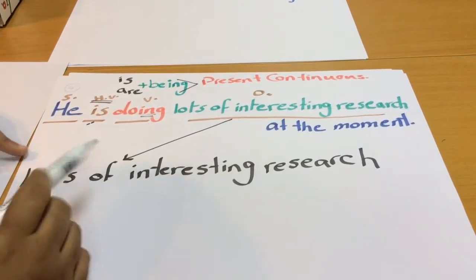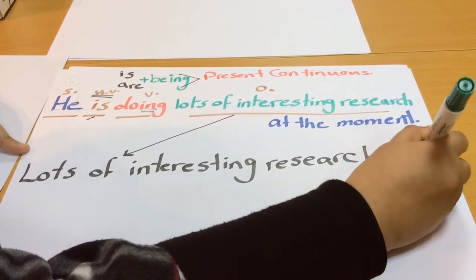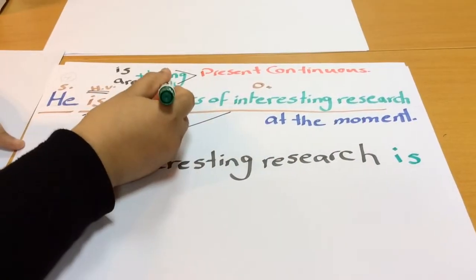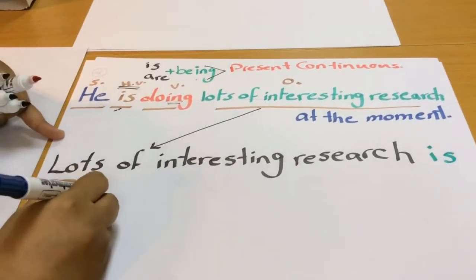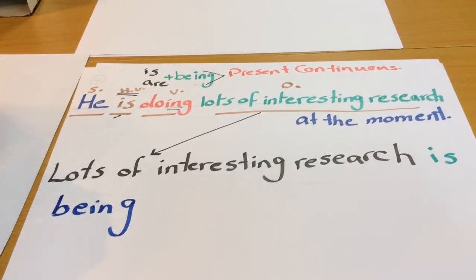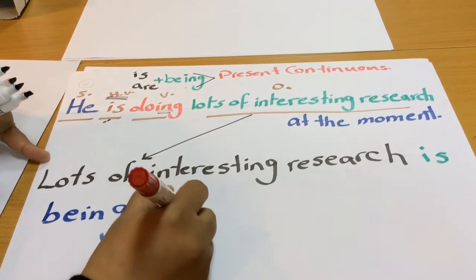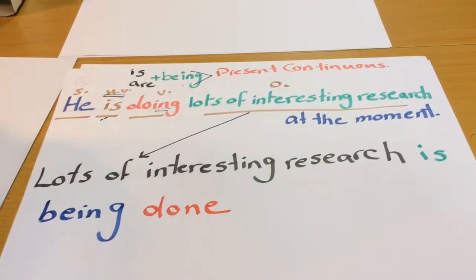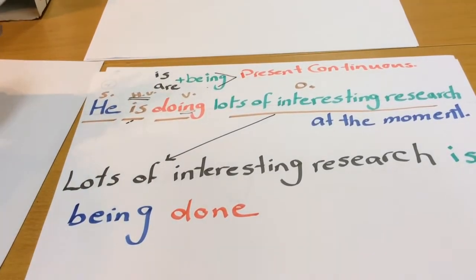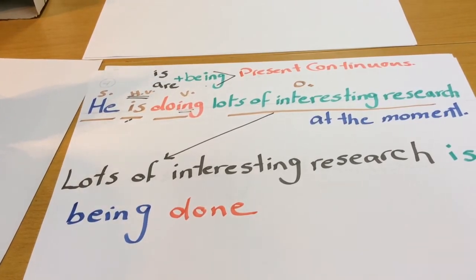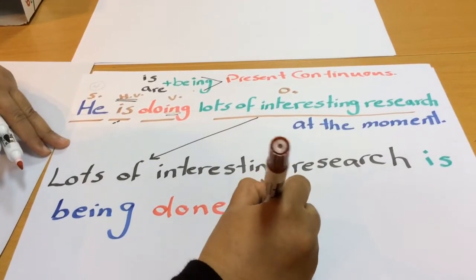So in this example, lots of interesting research is being, with the verb in the past participle, done by whom? By he. We cannot write by he because he is a pronoun. We will write the rest of the sentence, at the moment.